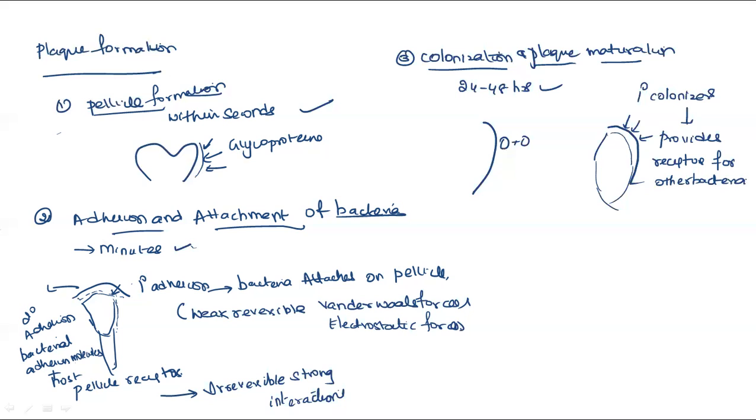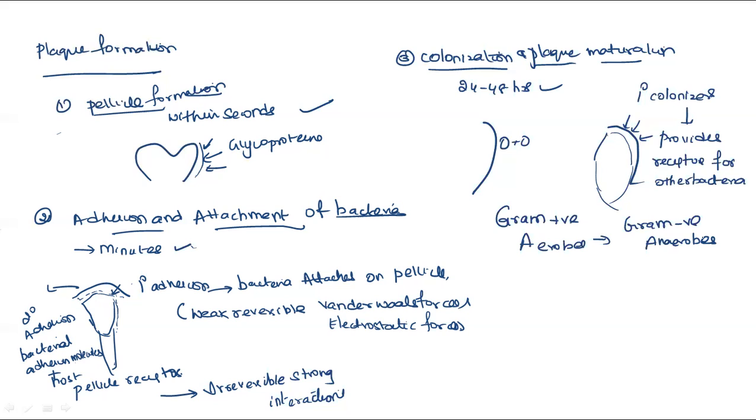Here is when the type of bacteria environment changes from gram-positive aerobes to gram-negative anaerobes. Okay, so this is about plaque formation. First you see pellicle formation within seconds, and adhesion and attachment of bacteria within minutes.